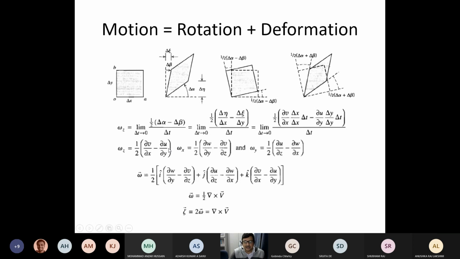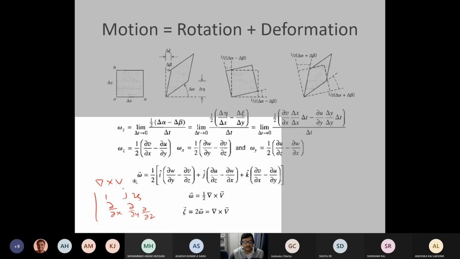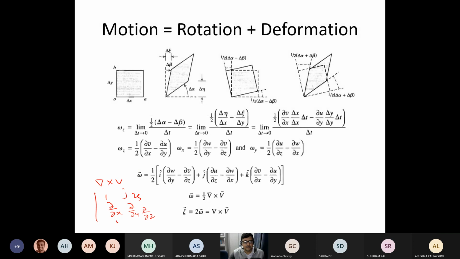So when you take a curl, say suppose when you are taking the curl of v, when you are taking del cross v, what you are doing? You are basically having a determinant of i, j, k, then del x, del y, del z, and then you have u, v, and w, right? So if you just take the i part, you get del w by del y minus del v by del z.